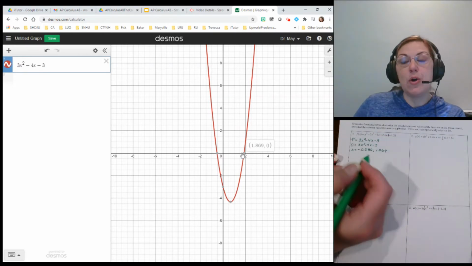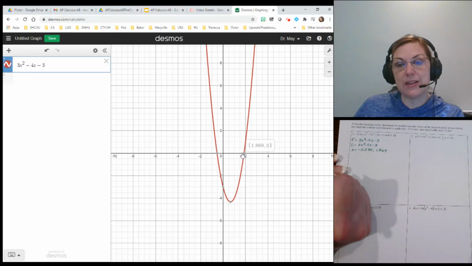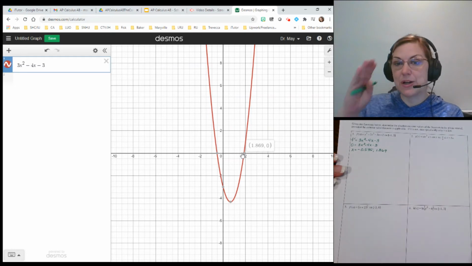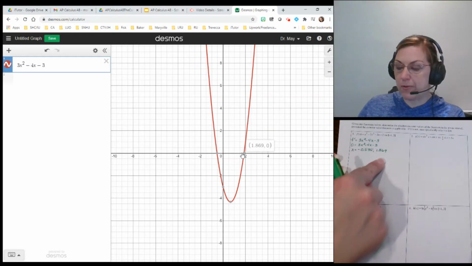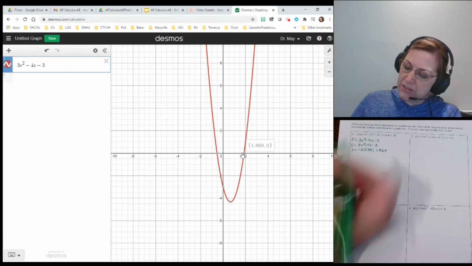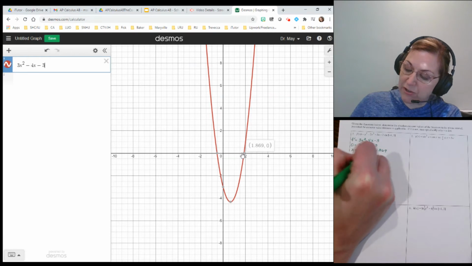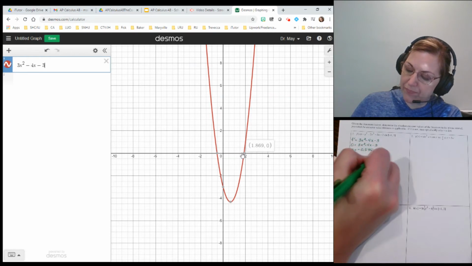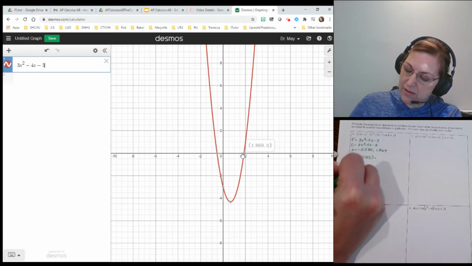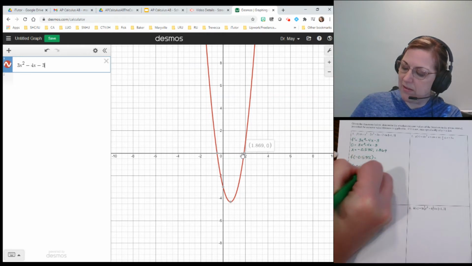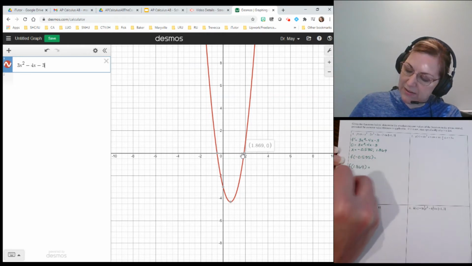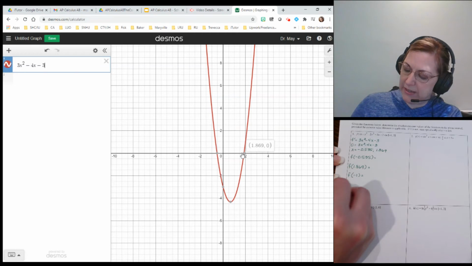Now, remember, we're not concerned with any other values. We're concerned only with the critical points and the endpoints. So I'm going to go ahead and plug these into the function. And I'm going to make sure I do those endpoints.